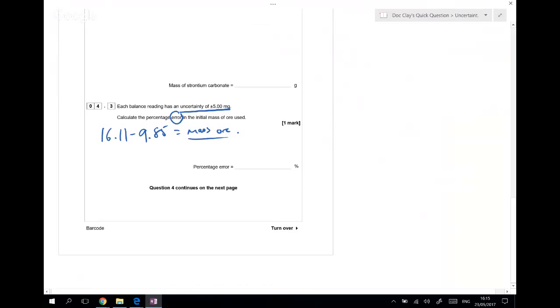And now, since we've got 2 readings, we actually have, as I said, a measurement, and therefore, in this case, we're going to do 2 times by the value of 5 milligrams. Now notice that 5 milligrams is different to our value here in grams. So as we start to look at this particular example, what we need to be doing is converting milligrams to grams.